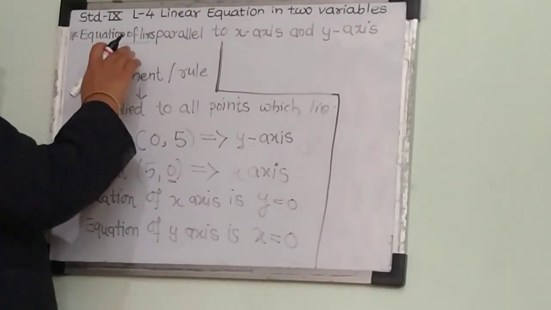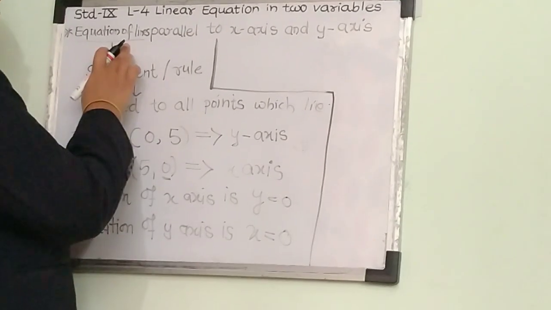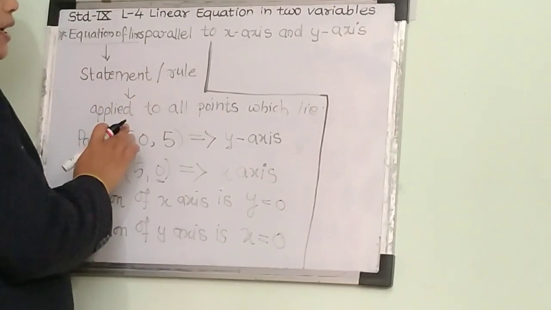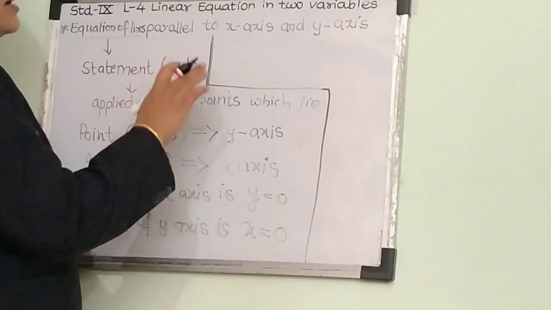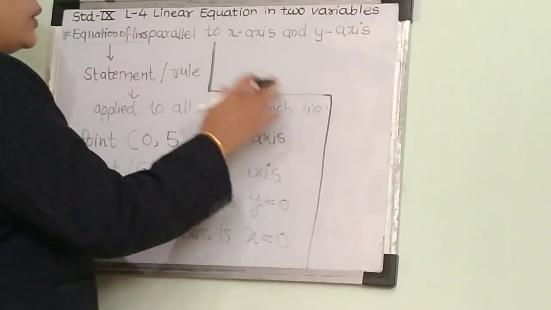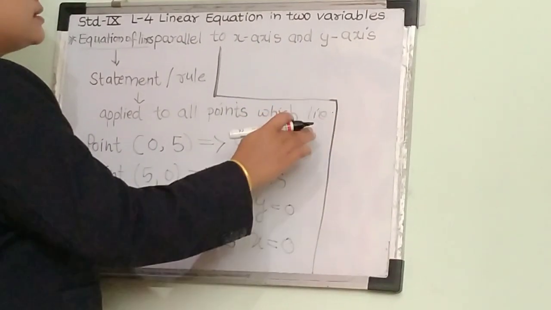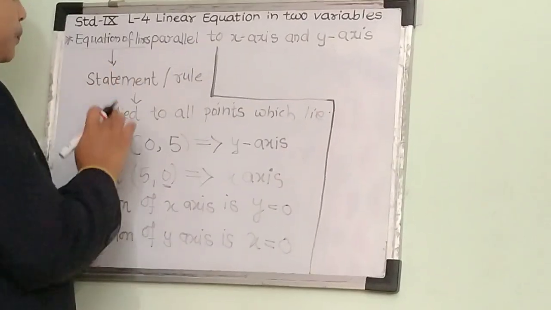See here, we learn that the equation of a line is a statement or rule which is applied to all the points which lie on this line, or we can say which are existing on this line.